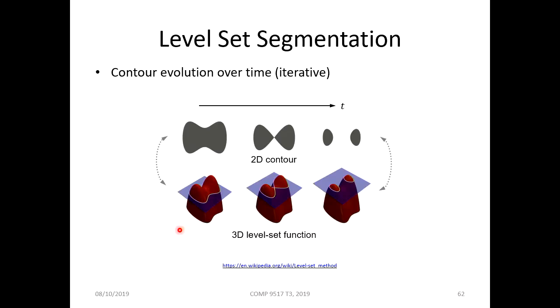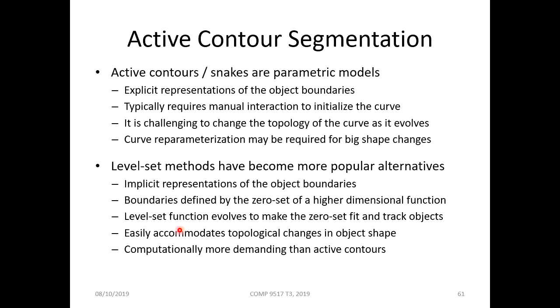Now I can evolve the shape of this three-dimensional level set function to match the contour of the two-dimensional object that I want to segment, and it allows for topological changes as well. So the whole problem comes down to evolving some kind of energy functional that will change the shape of this surface to match the objects in the two-dimensional image.